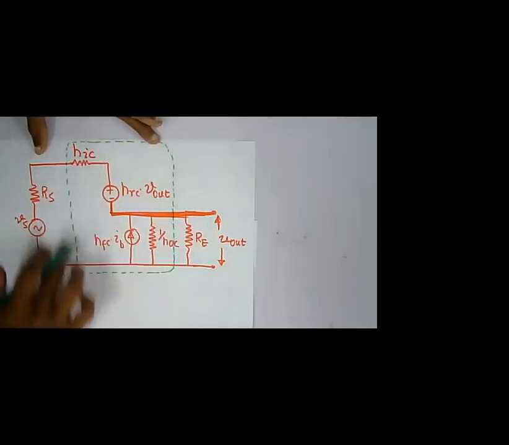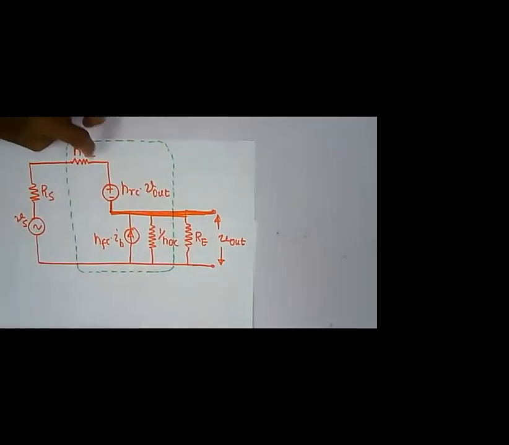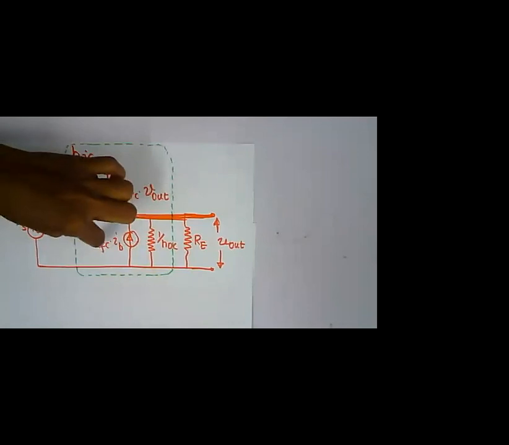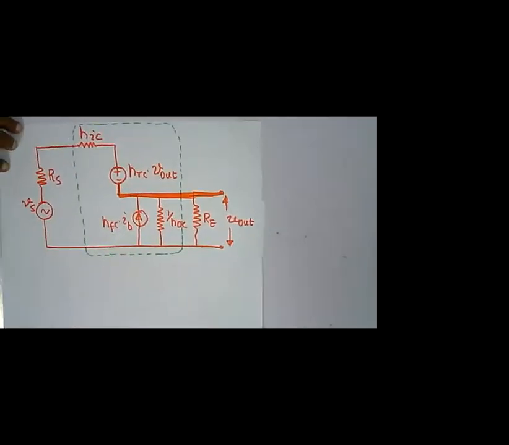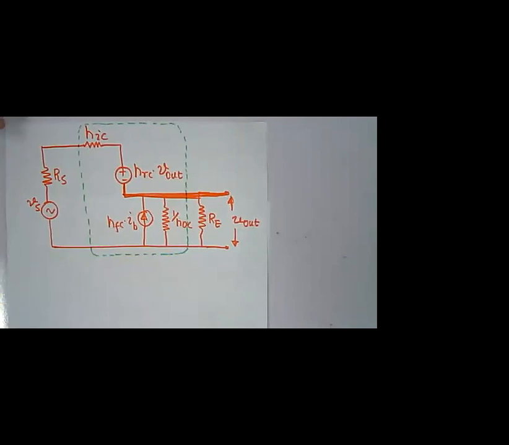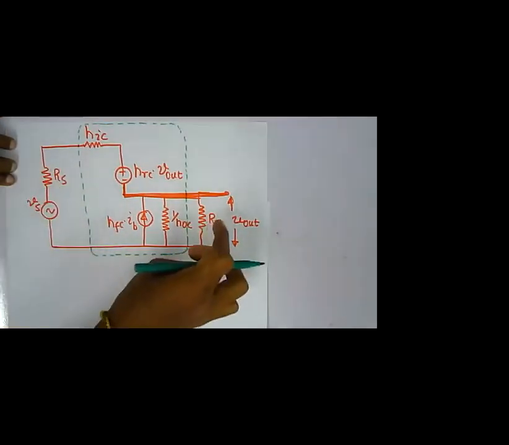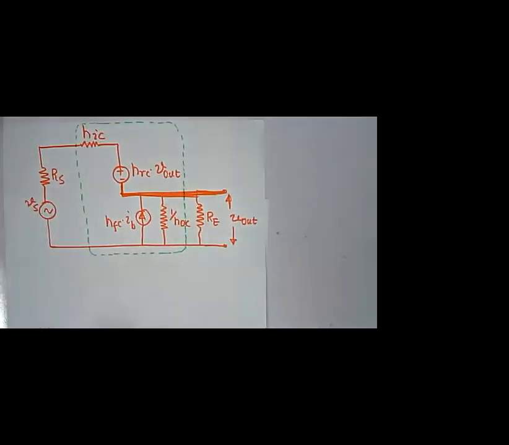All these things are inside the transistor. Am I right? hIC, hRC into V out, hFC into IB, 1 over hOE. All this green box is inside the transistor, and RS, VS, and RE will be the externally connected resistors.